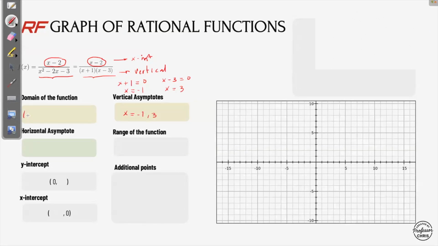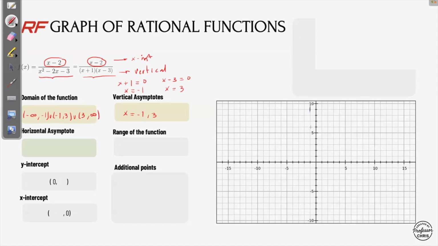And you can also figure that the domain will be from minus infinity to minus 1, from minus 1 to 3, and from 3 to positive infinity. Now that you have the vertical asymptotes, let's sketch those values on our plane.